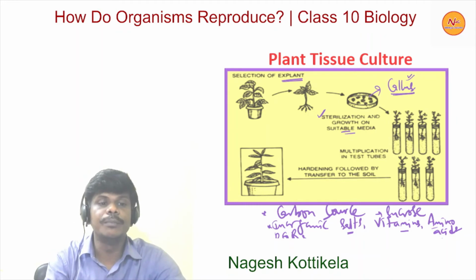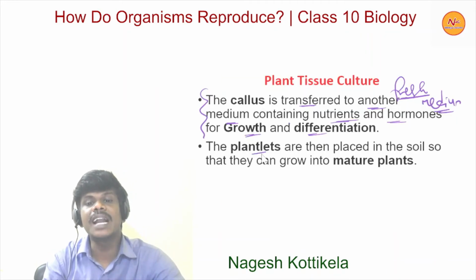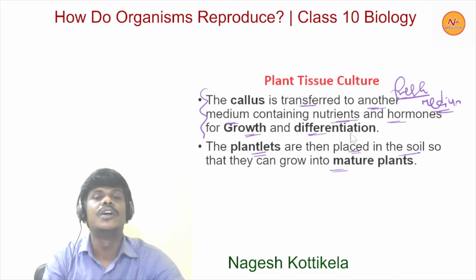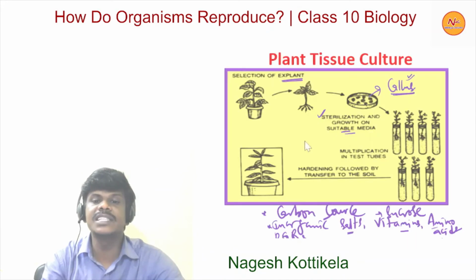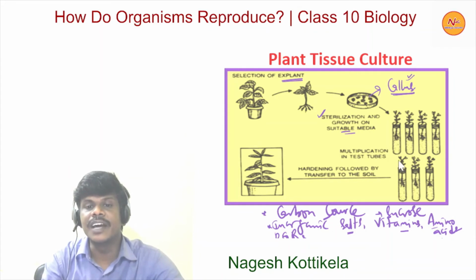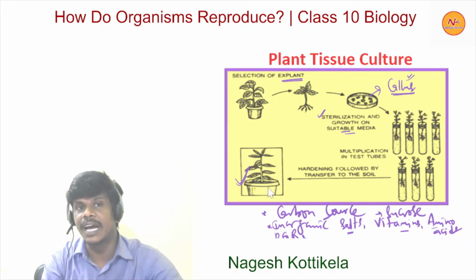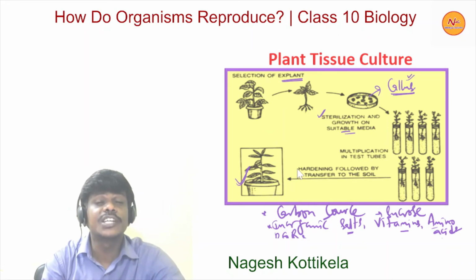Okay, now moving to the continuation, the plantlets are formed and they are placed in the soil so that they can grow into mature plants. You can see here, once the plantlets are formed, they are transferred into the soil, and this is how finally we get a matured plant, and this is the technique we call plant tissue culture.